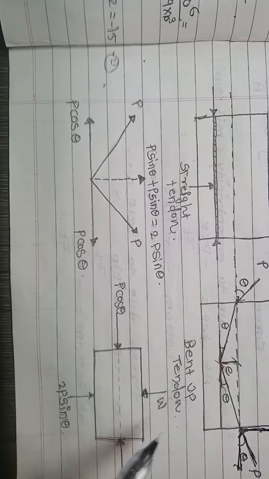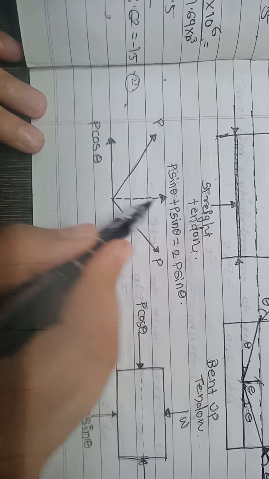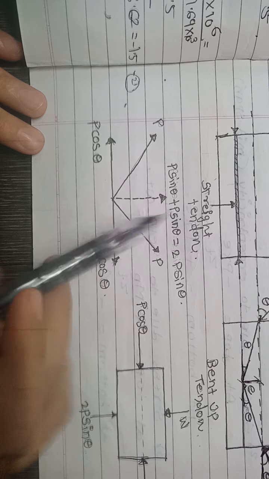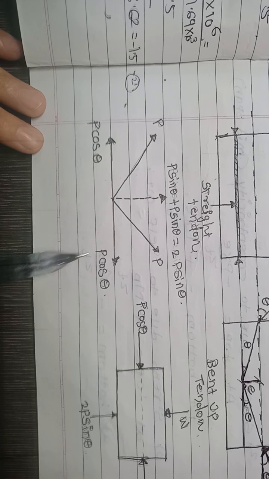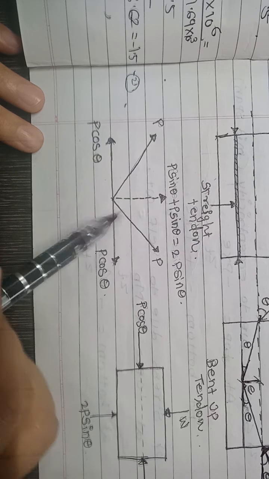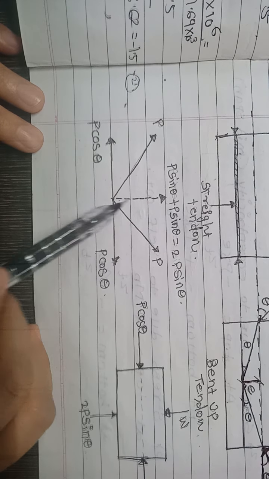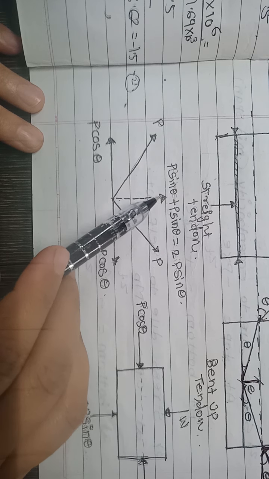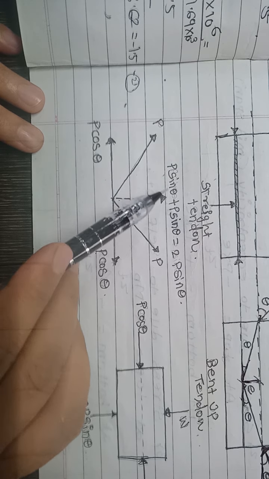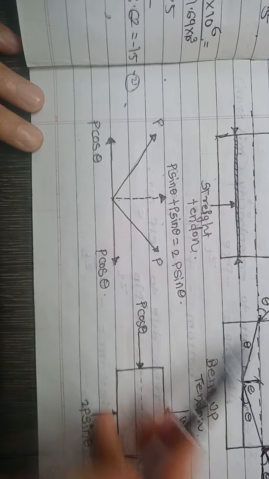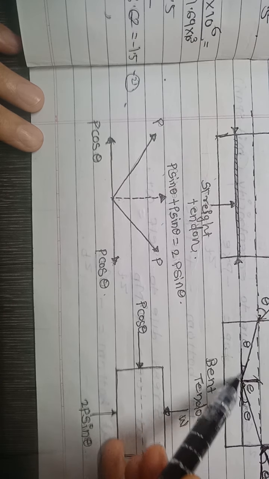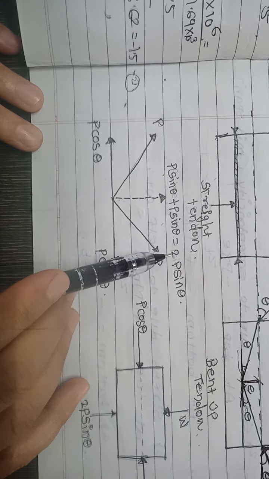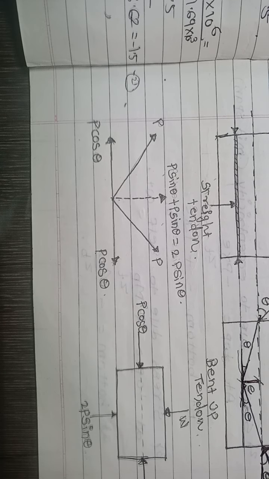We know the component stresses: here P cos theta, here P cos theta, and this is the middle portion. This is common, so it is P sin theta plus P sin theta, that means 2P sin theta.